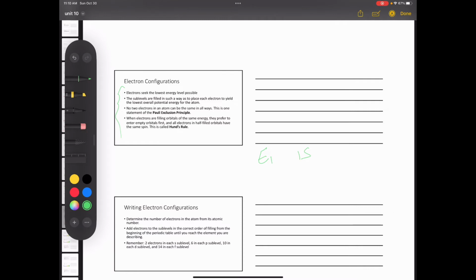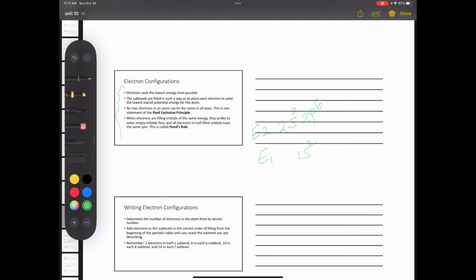And once the s orbital is completely full, and we still have more electrons, then we will go to the next principal energy level. So that will be the s and the p orbitals. We would fill in the 2s and the 2p, with 2 electrons for the s and 6 electrons for the p, because this is the maximum capacity for what the p orbital can handle.